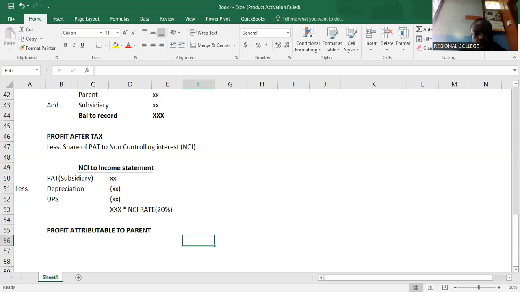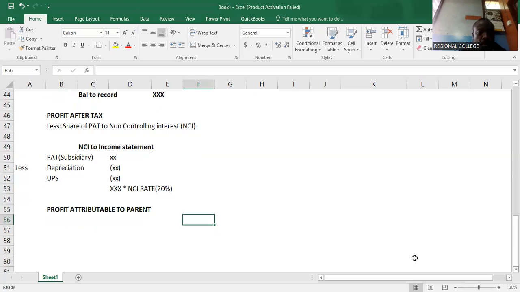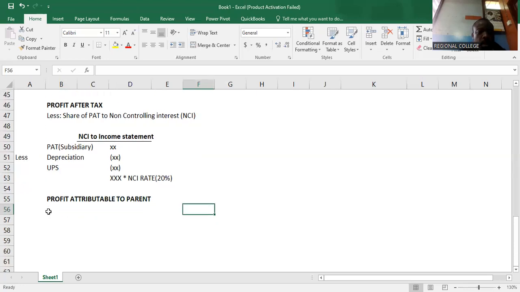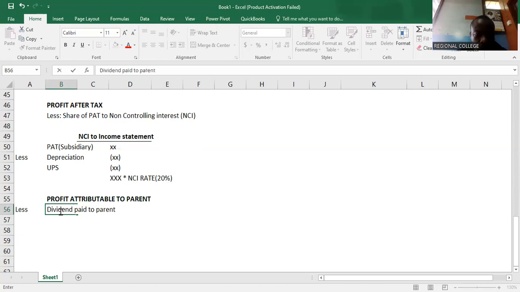So from this profit attributable to the parent, I'll check if the parent gave themselves dividends during the year. So I less dividend paid to parent shareholders.